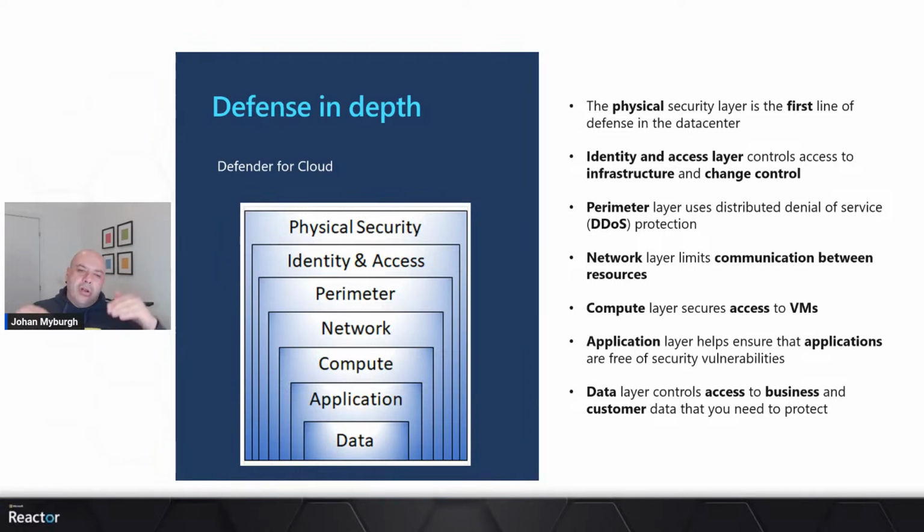So this is essentially going to minimize your attack surface and gives you a great opportunity to ensure that you've got everything as secure as you possibly can at all sorts of levels.